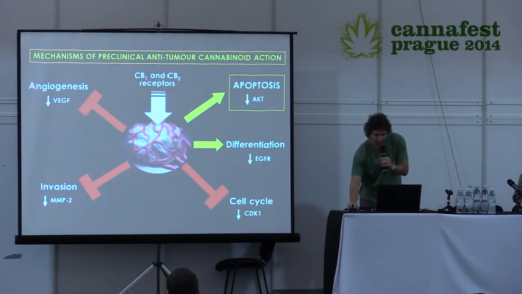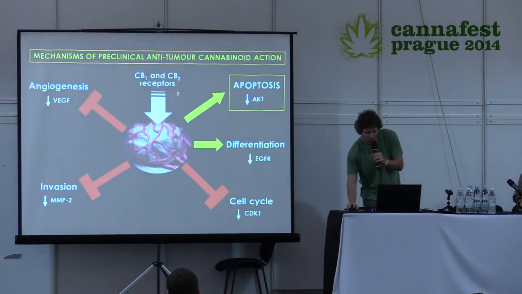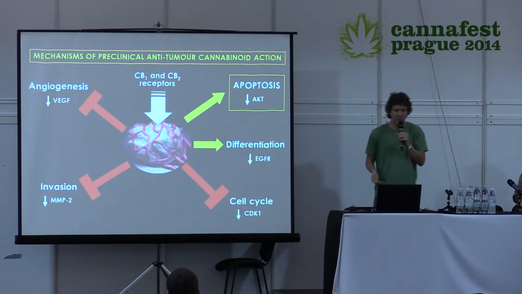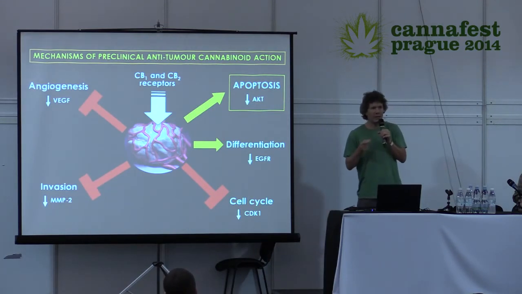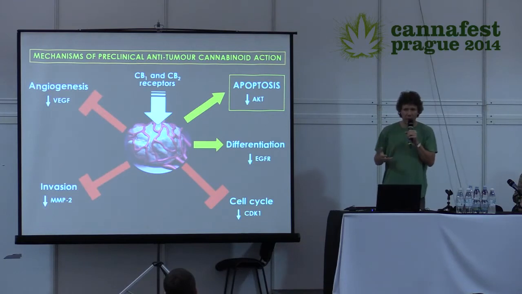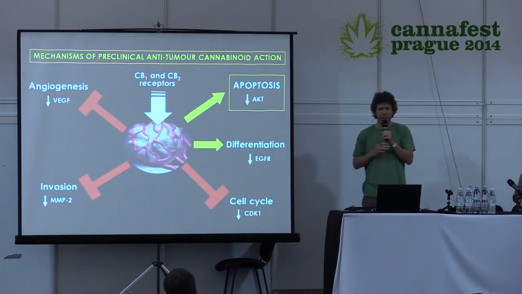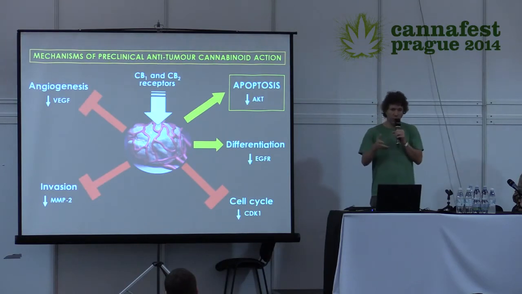Cannabinoids act via cannabinoid receptors, CB1 and CB2 receptors. So the first thing we had to demonstrate was that CB receptors are not only in neurons, not only in other tissues of the normal body, but also in cancer cells. And nowadays we know that, I would say, every type of cancer cell expresses CB1, CB2, or both receptors.